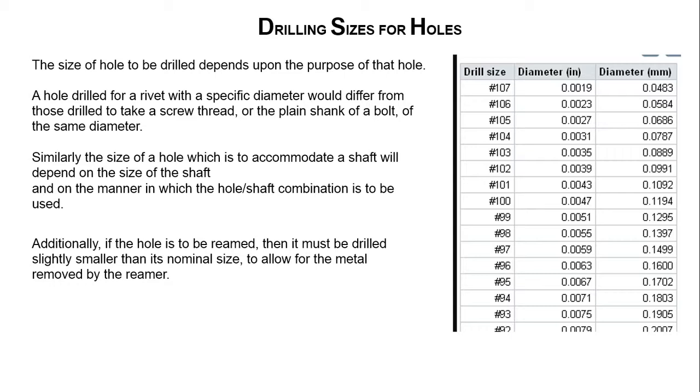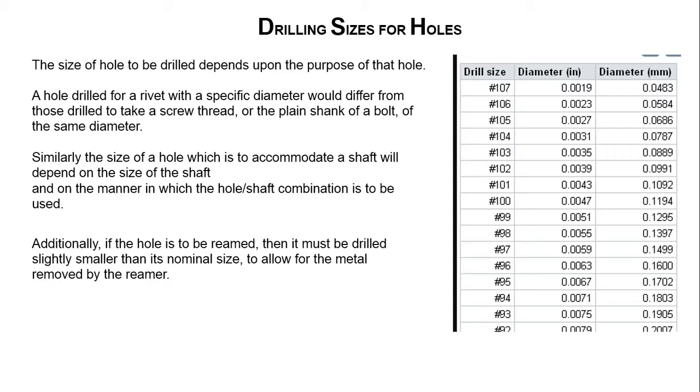If we are going to use a screw, it should be different, because I'm going to drill, and thereafter we have to make inner threads to install the screw. If we are using the plain shank of a bolt, then it will be different, right? So try to understand.